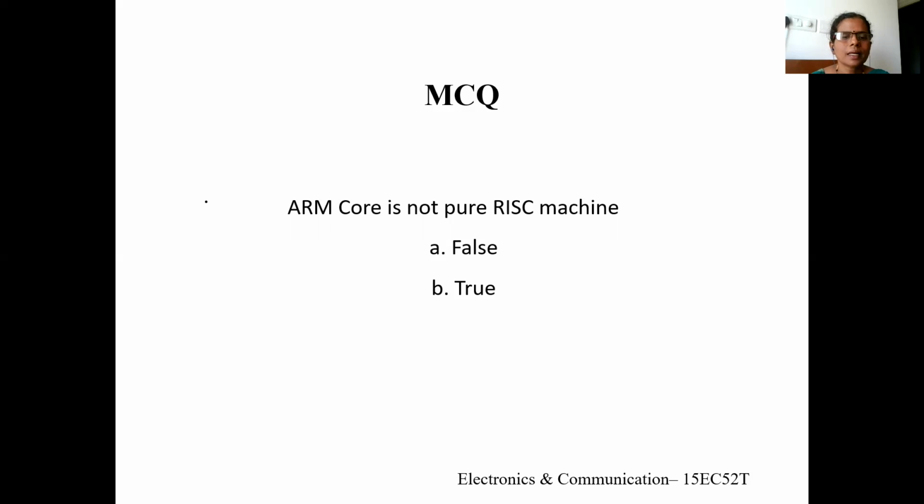We know that in ARM, some instructions take only one cycle for the execution, and some instructions take more than one machine cycle for the execution. Because of that, we say that ARM is not a pure RISC architecture. Definitely, it is a true answer, and the option is B.